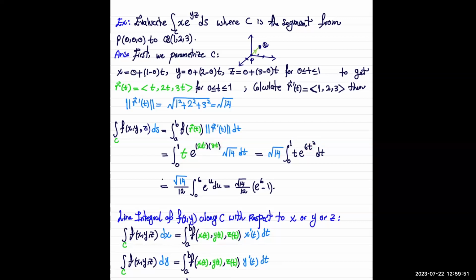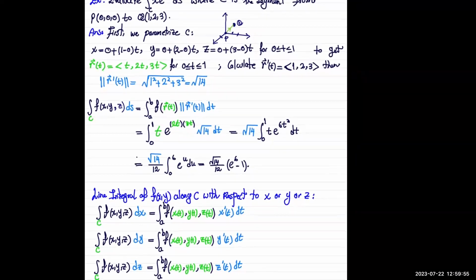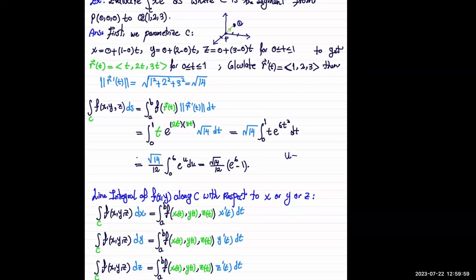And for this integral, we just do a simple u substitution. u is 6t squared. du is 12t dt. You divide by 12, 1/12 du is just t dt.